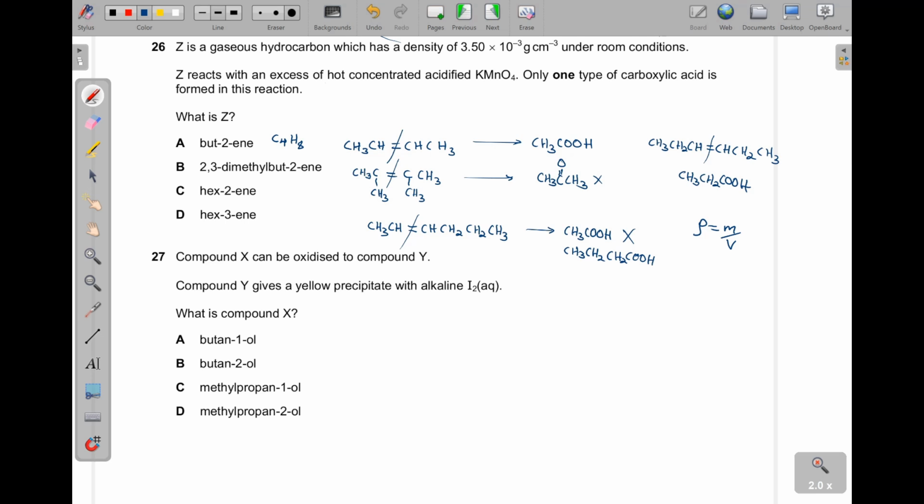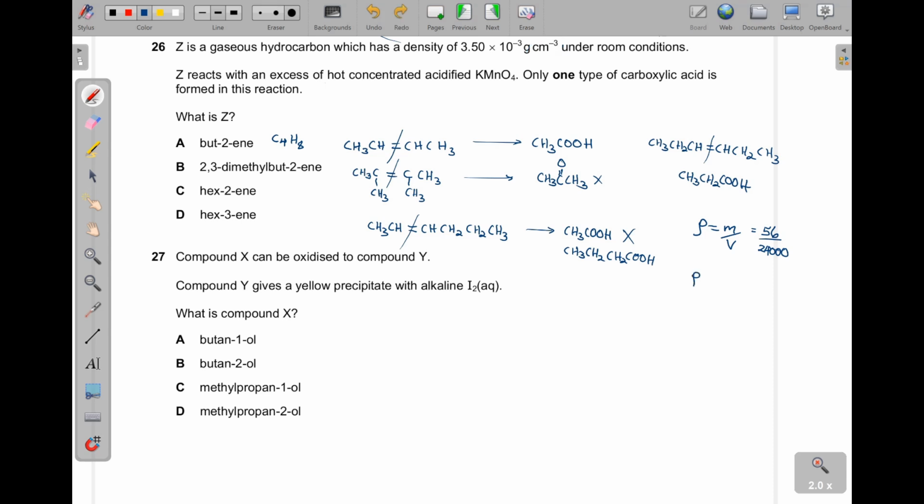So you are going to get 56 over the volume. If it is done under room conditions and this one is a gas, then we are going to have 24,000. Okay, it is in cubic centimeters, so 24,000.